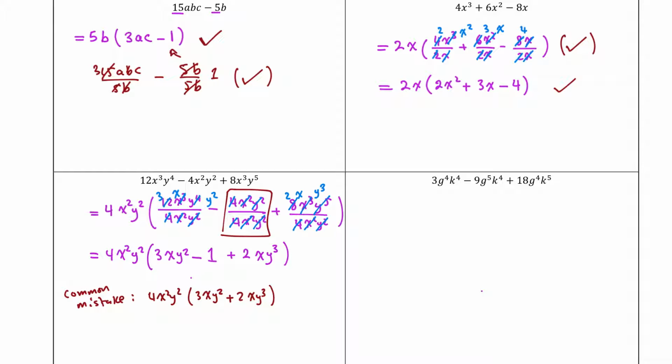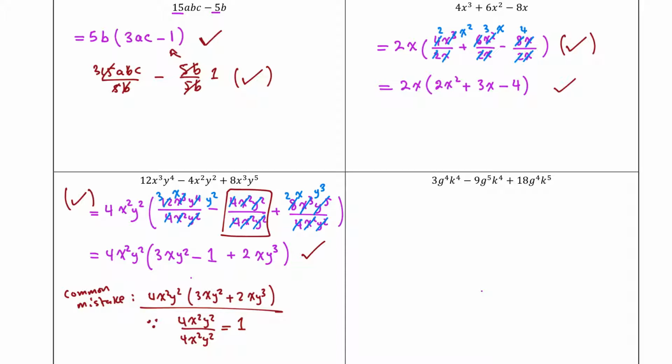So this is not the solution, since 4x squared y squared over 4x squared y squared is any number divided by itself, and that is simply equal to 1. So check mark here and an optional check mark here.